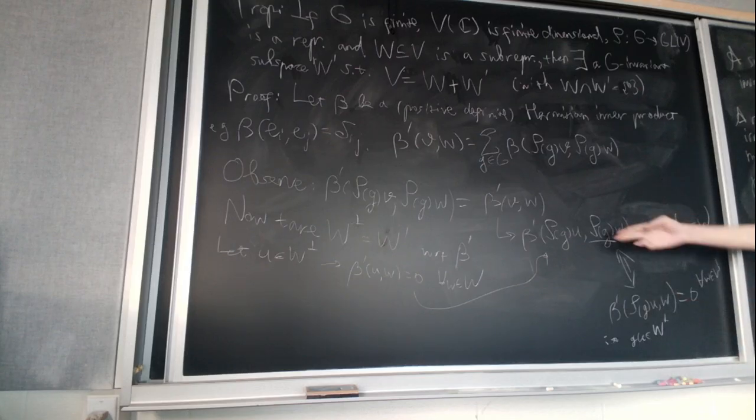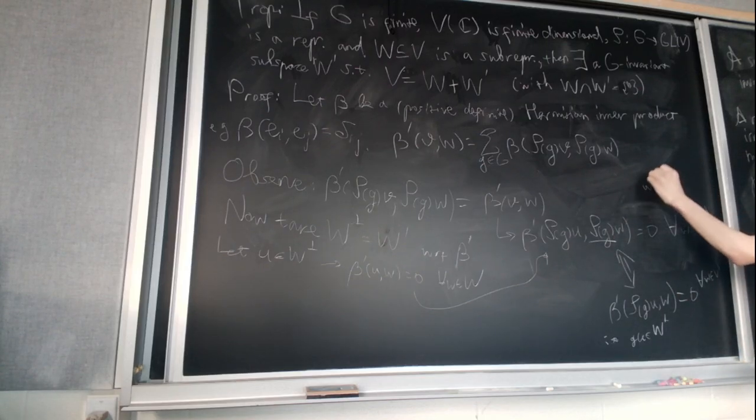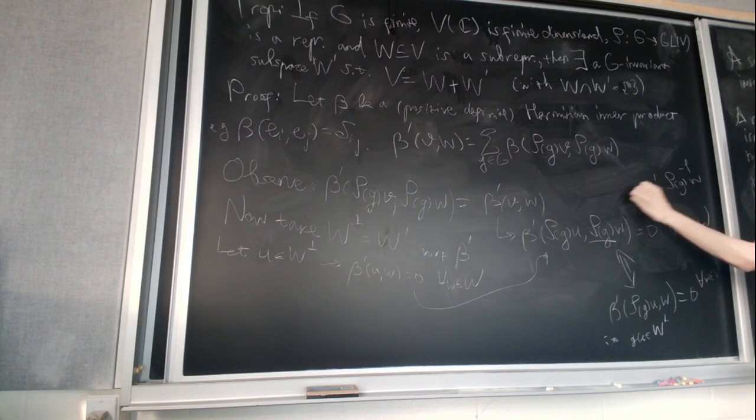Because this is invertible, so we can always just take w prime equal to the inverse of this times w and then substitute it in, right?